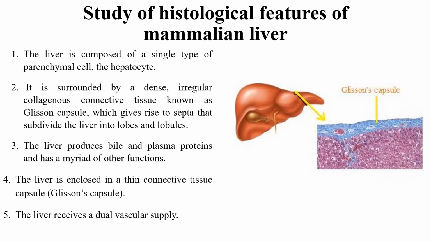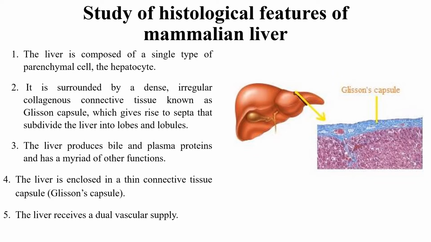The liver produces bile juice and plasma proteins and has many other functions like storage of glycogen, detoxification of alcohol, killing of the pathogens that have entered into the body along with the food.